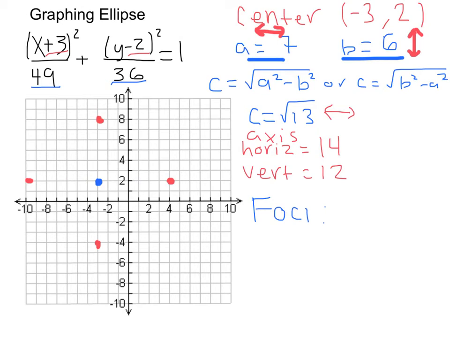And you're going to move along the major axis, and the major axis is the larger value. So here we're going to go over square root 13 from the center. So that's a little bit more than 3, in both directions.